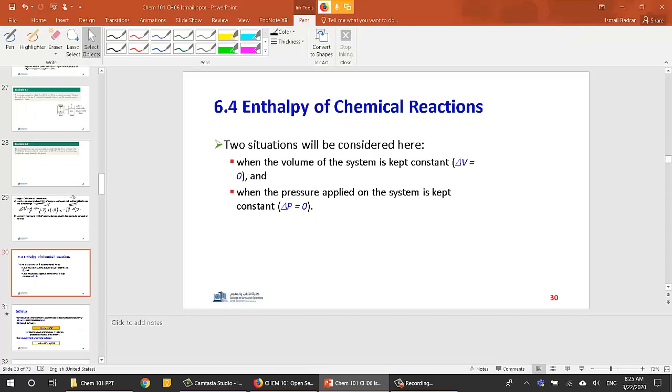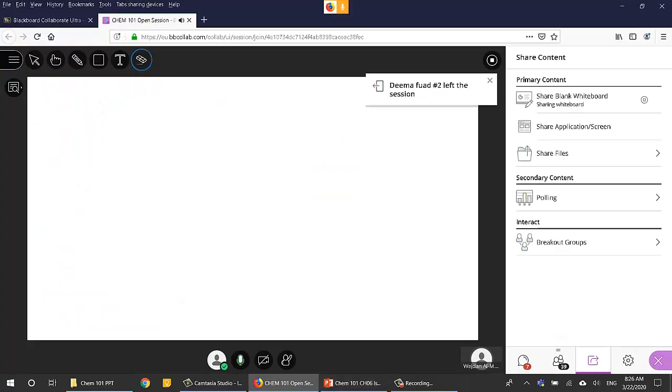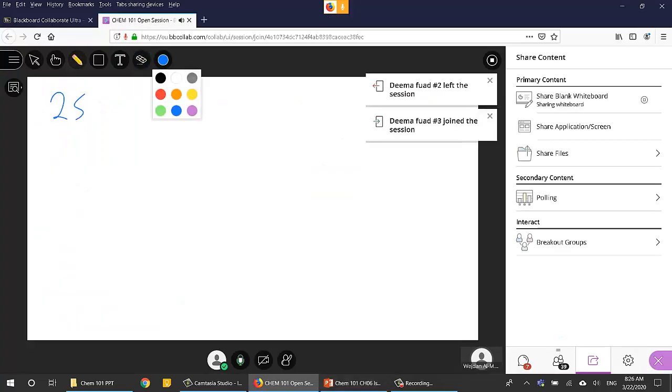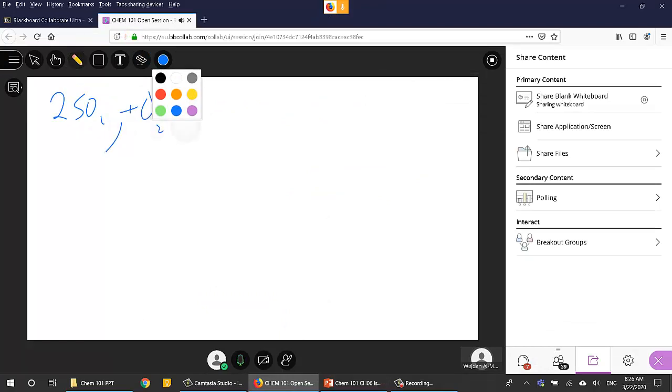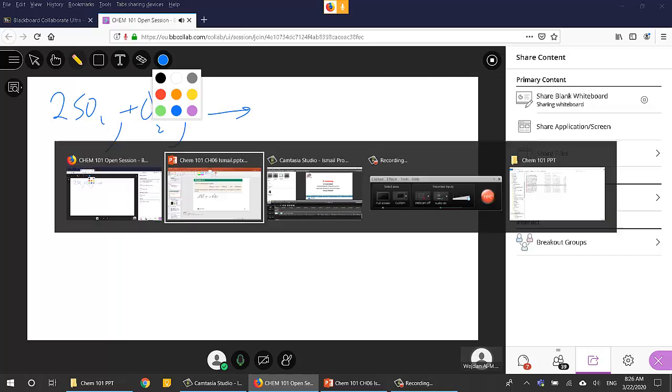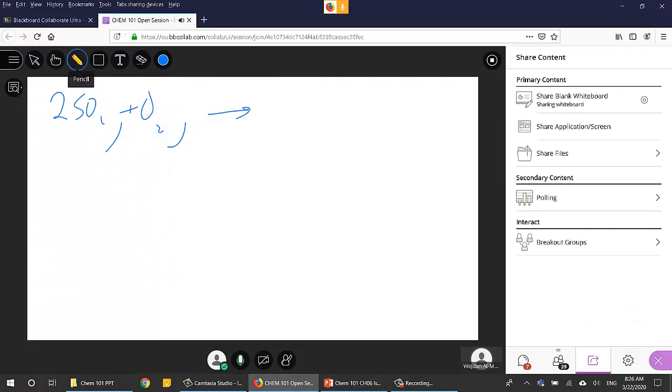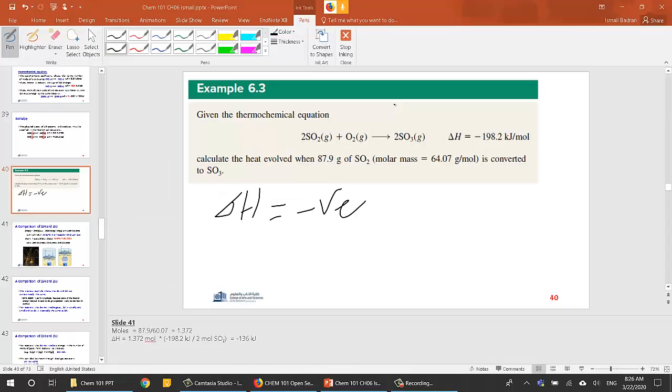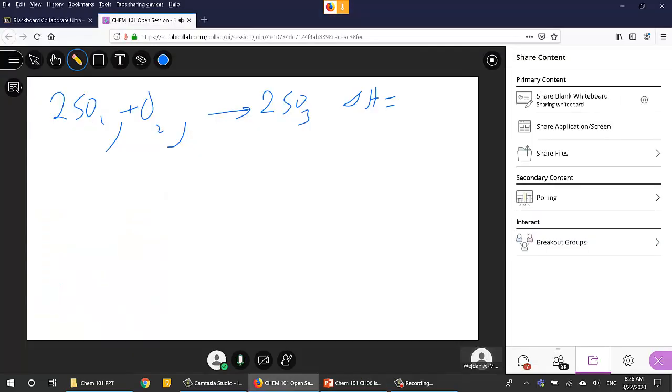So to solve this question, 2SO2 gas plus O2 gas goes to 2SO3 gas. This question says delta H is equal to minus 198.2 kilojoule per mole. Now per mole of what?